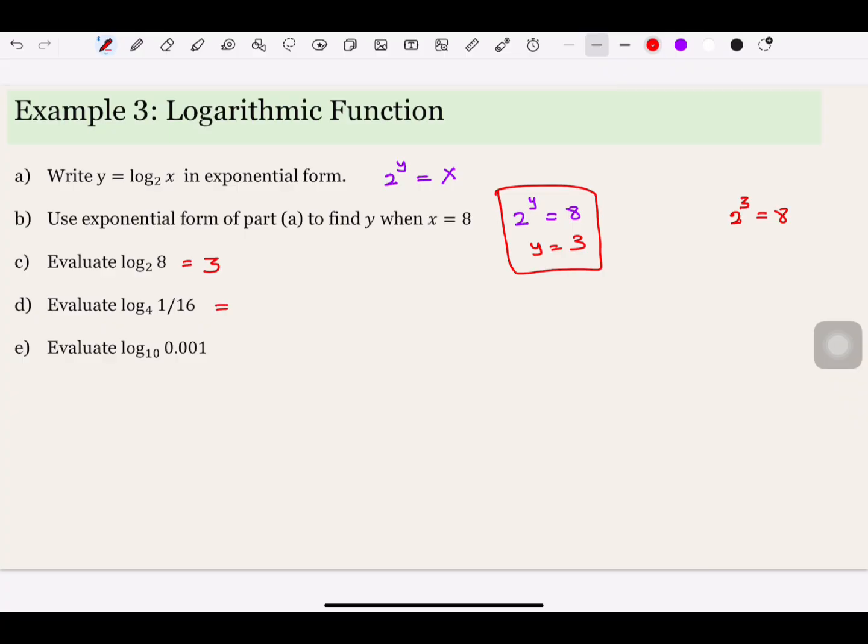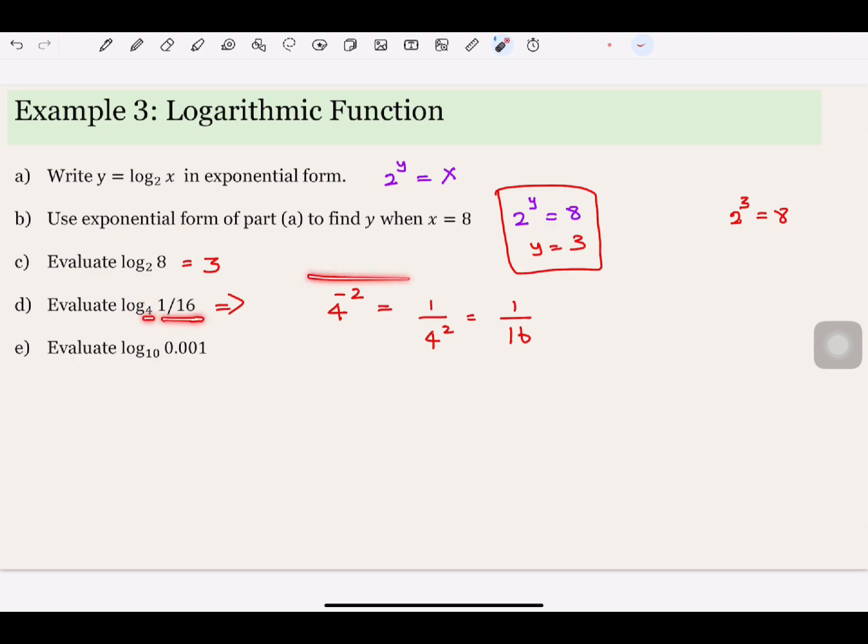Next, you're asked to get this logarithmic expression. Here you know that 4 to the power negative 2 is equal to 1 over 4 to the power 2, and this is 1 over 16. That means if you raise 4 to the power negative 2, you'll get 1 over 16. Here you're asked to find the logarithm with base 4, that means you are asked to get the exponent with base 4 to get 1 over 16.